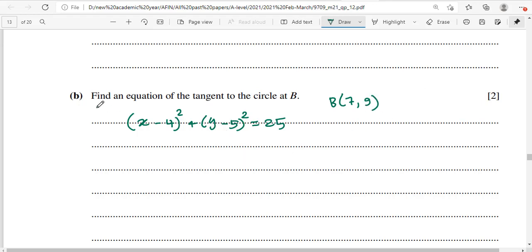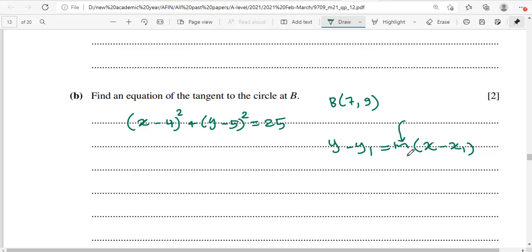Okay, to find the equation of tangent, we need to use this: y minus y1 equals slope or gradient times x minus x1. Then 7 is x1, 9 is y1, y is a variable, x is a variable, so what we need is only the gradient.